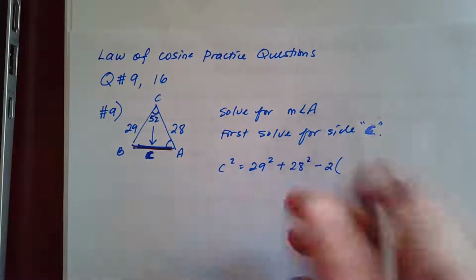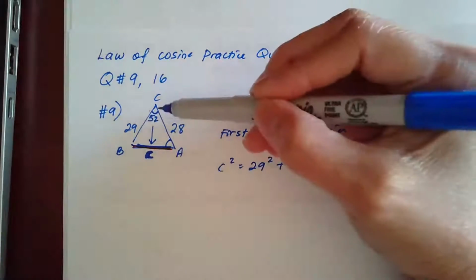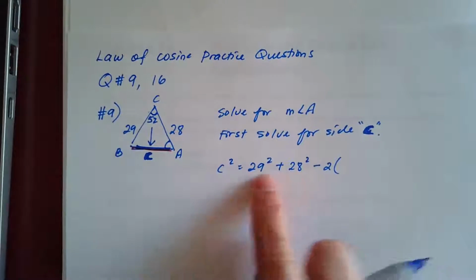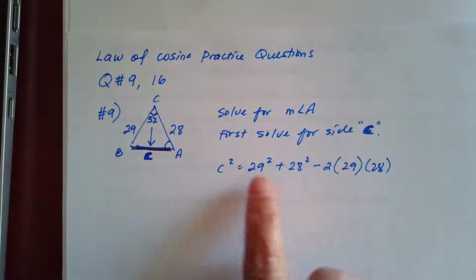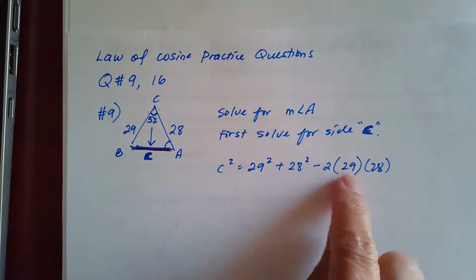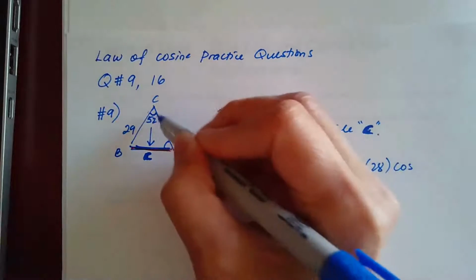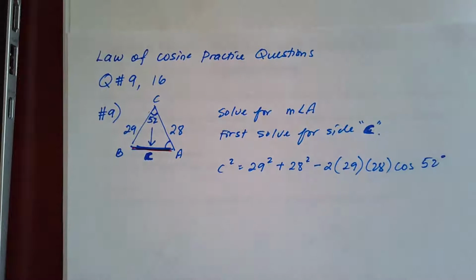Instead of A, we're solving for C. So square this side plus square this side minus 2 times 29 times 28. These two are the same number, it's just that not squared. Cos of the angle in between, which is 52 degrees.